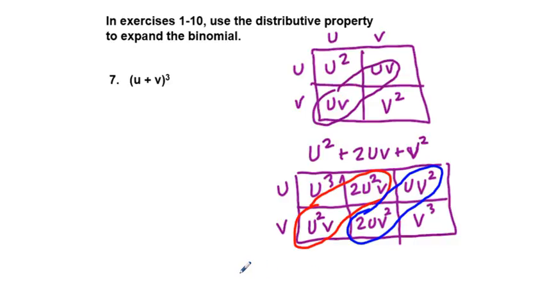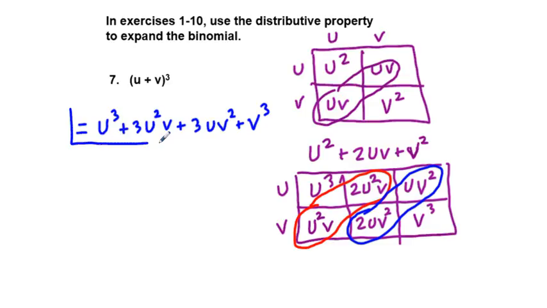And what we have is, our answer is going to be, I'm writing up here, u cubed plus 3u squared v plus 3uv squared plus v cubed.